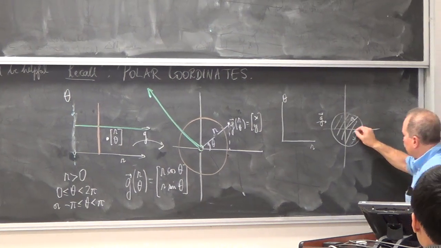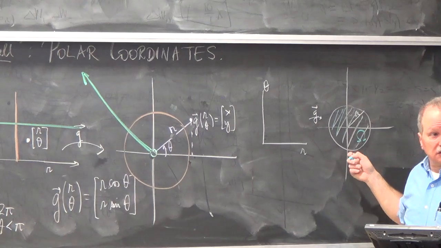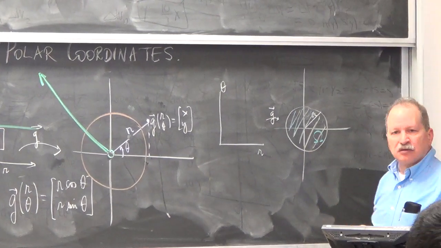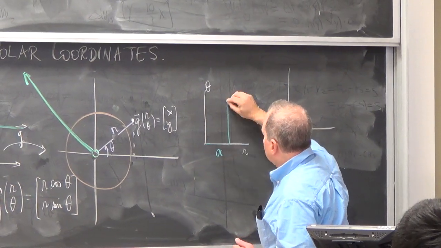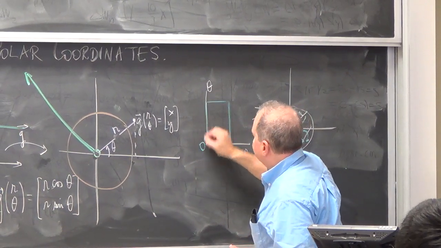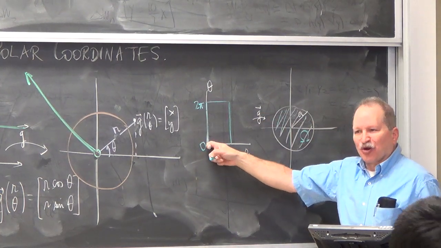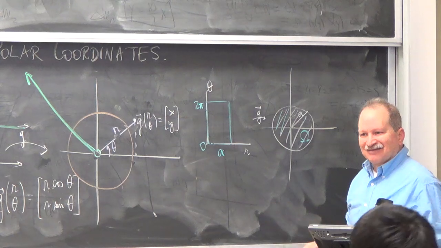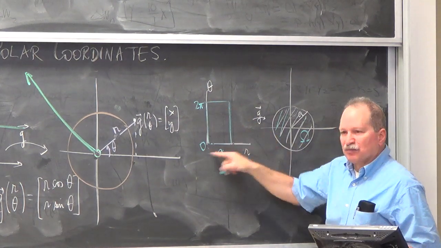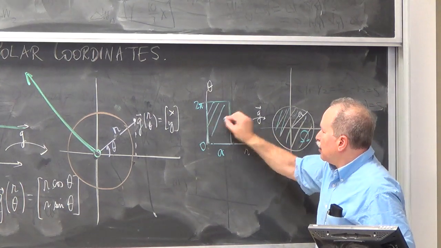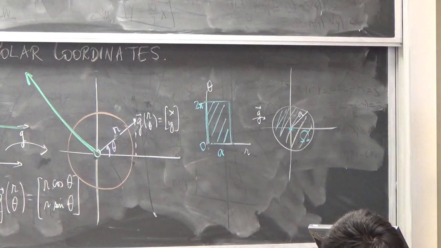If this is my omega here, what shape maps to it? A rectangle, with r going from 0 to a, and theta going up to 2 pi, right? And to be honest, I'm going to ignore the issue with the origin. I'm going to ignore this line and just say, let's pretend we're not doing the whole closed rectangle here, even though this line segment collapses to that point. It's not going to affect any integrals.